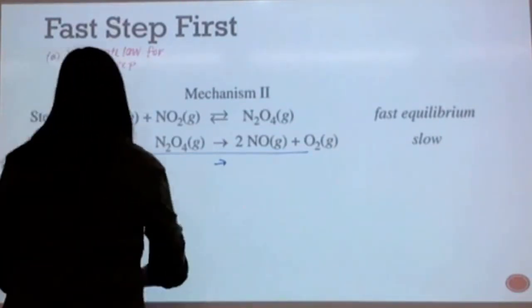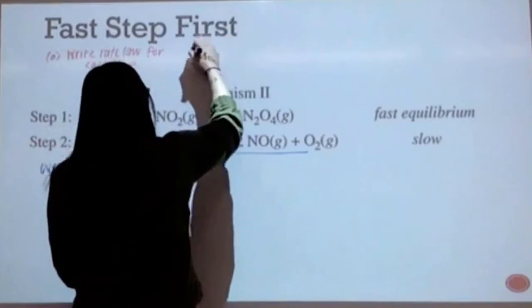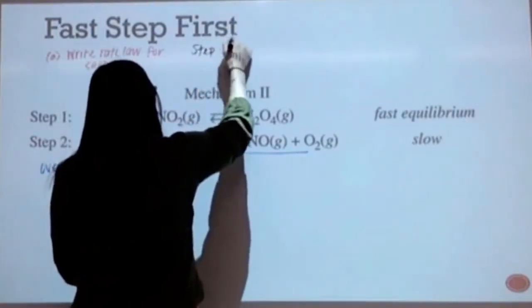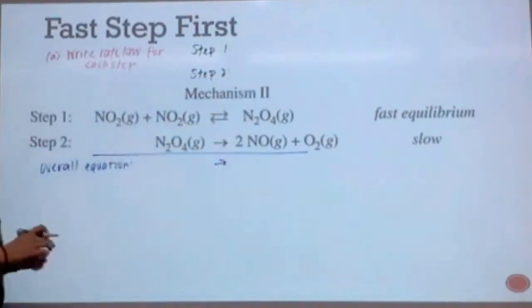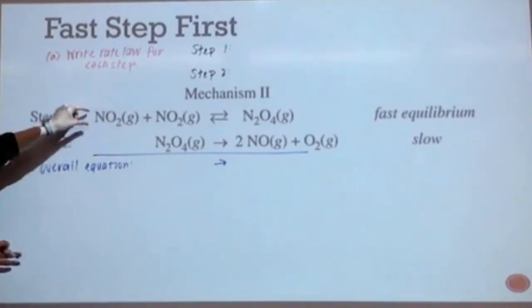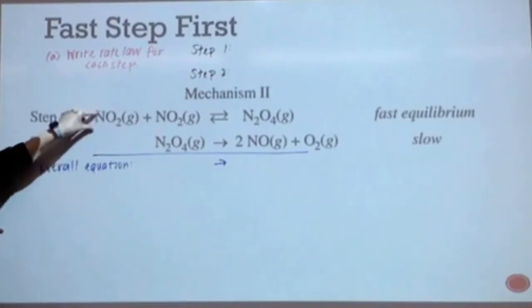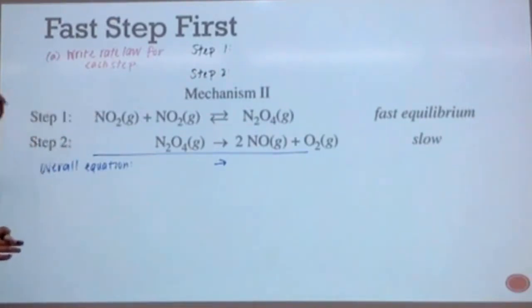That means that we're just going to say step 1 and step 2. We're just going to write the rate law for each step. It's not asking for the overall rate law. It's only asking for each step. So that means you literally take your reactants from each step and that goes into your rate law.